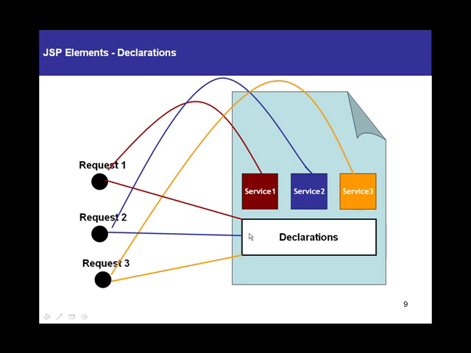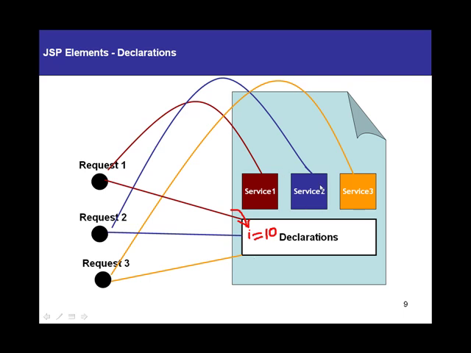So let's say that I just declare a variable called I, and I set its value to 10 in request 1. Okay, so now when request 3 comes in and it tries to get the value of I, it's going to see a value of 10 there because all declarations are shared across multiple requests.